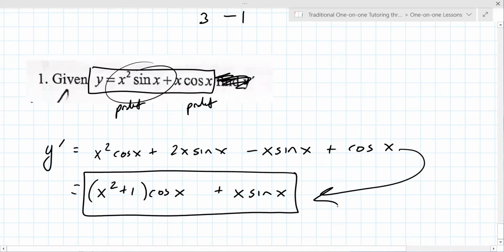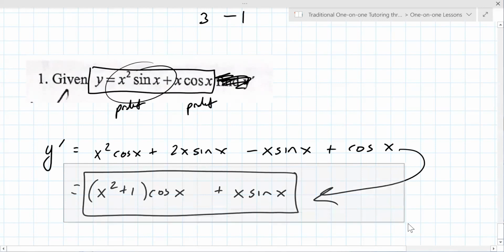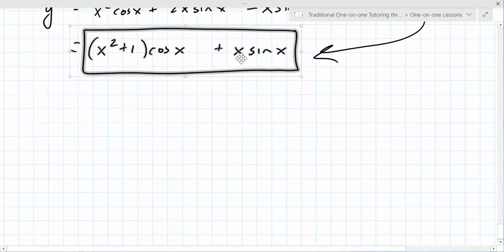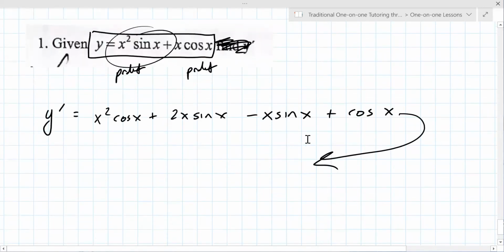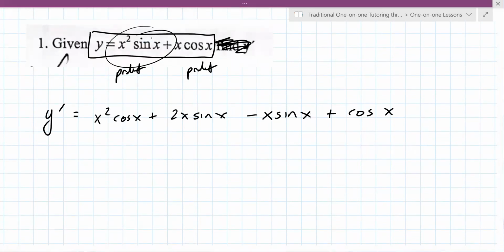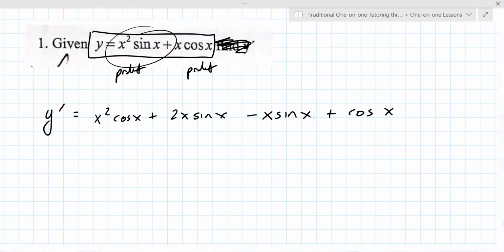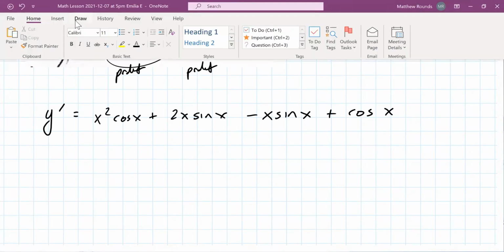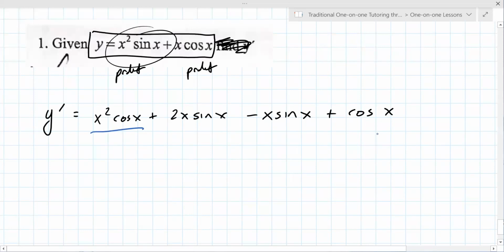How did you get to that form? Let me move this down and talk to you about it. You just look for like terms. There's a cosine x on the right and the left here, and there's really a 1 in front.